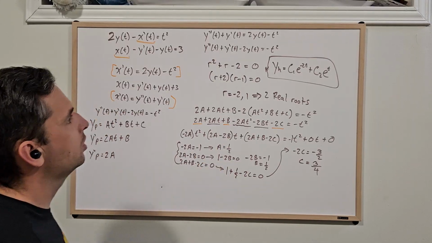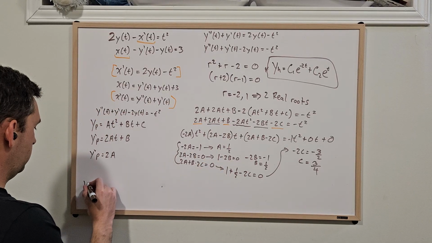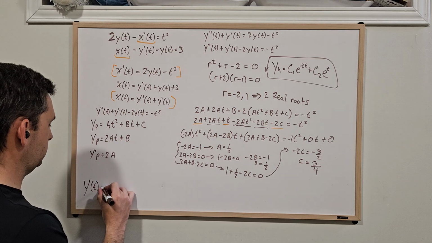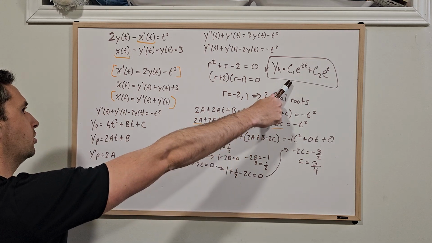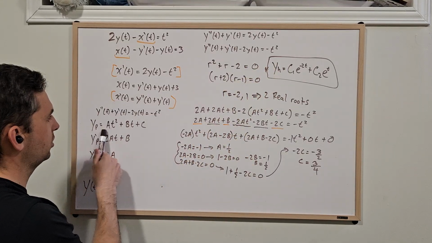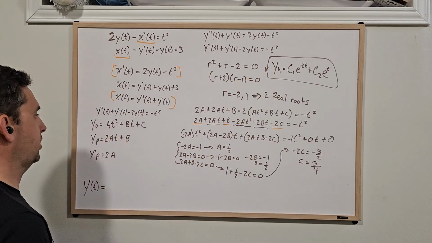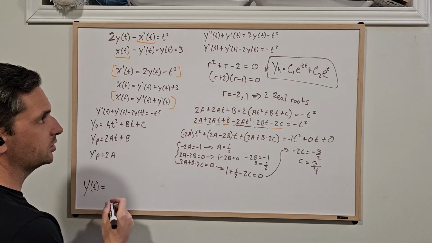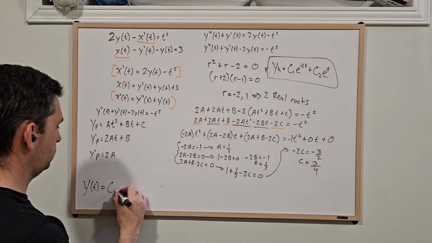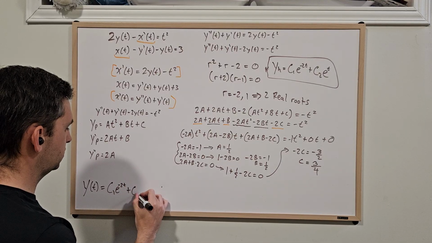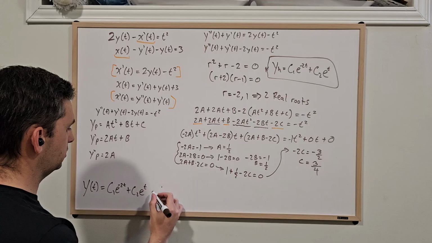Finally, we're going to go on and have a general solution, okay? So y of t, the general solution, is going to be the homogeneous solution with our particular solution that we have here, okay? So, this is what it's going to look like. First, we're going to write down the homogeneous solution: c1 e to the negative 2t plus c2 e to the t.